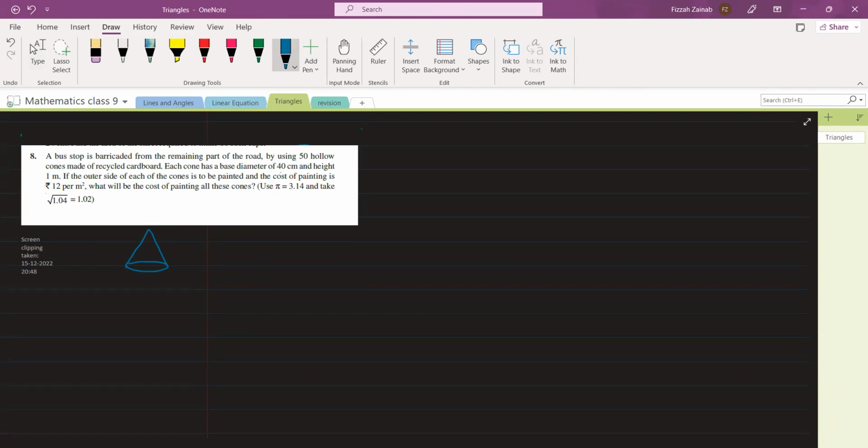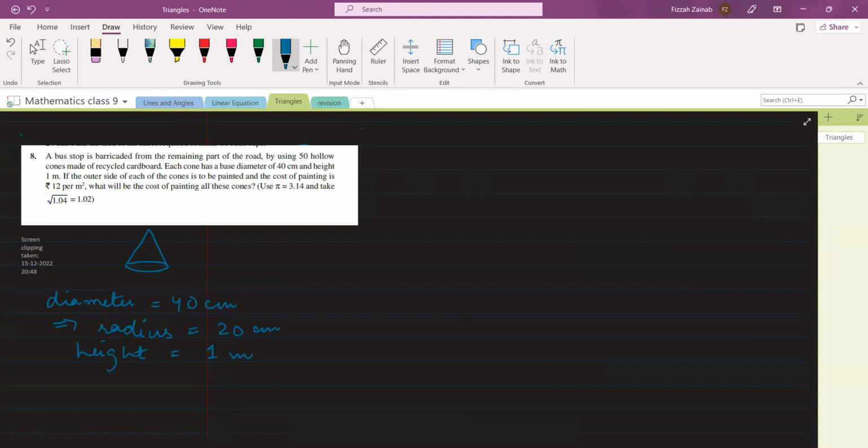Each cone has a base diameter of 40 centimeter. So that implies your radius is 20 centimeter, right? And height 1 meter. Okay.